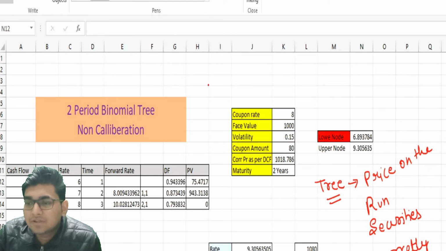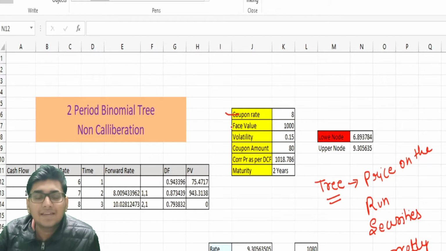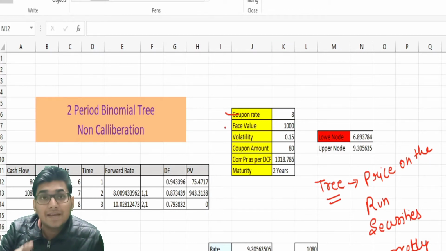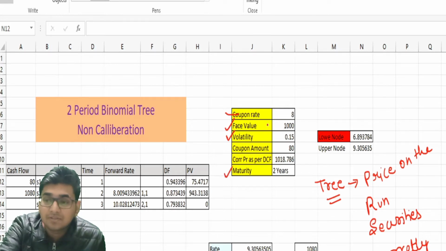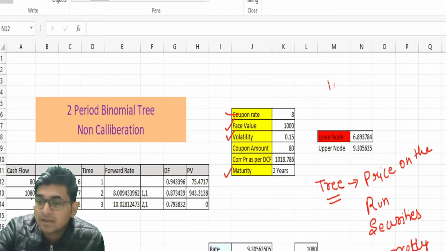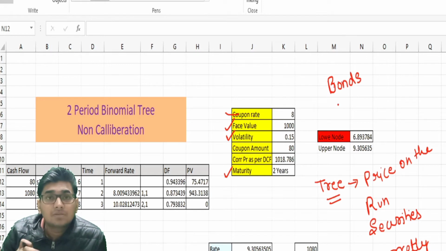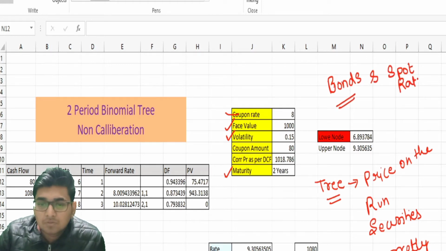If I have only these two things, I can create a binomial tree as well as calibrate the binomial tree with the help of just bonds and spot rates. Clear? Now let us move ahead.